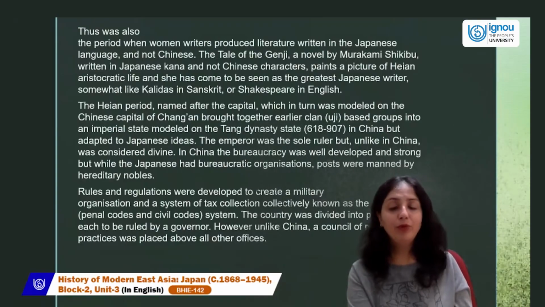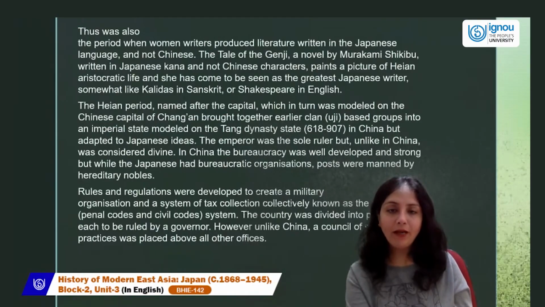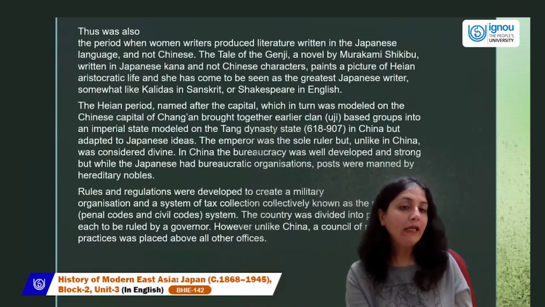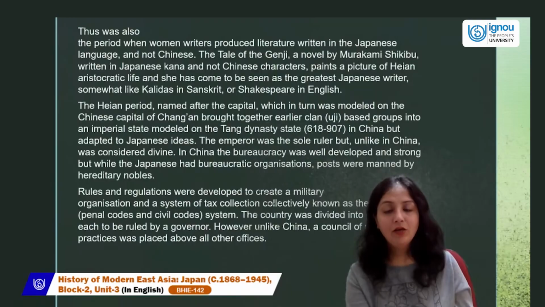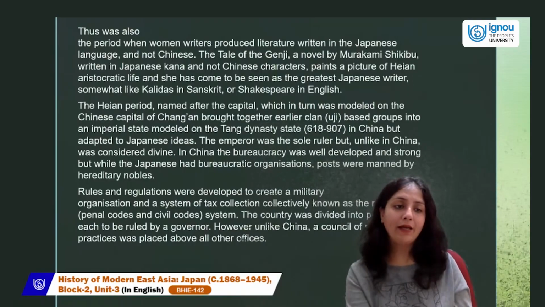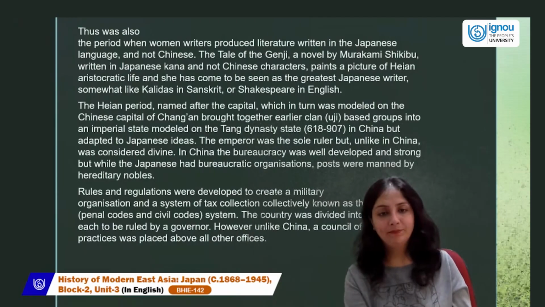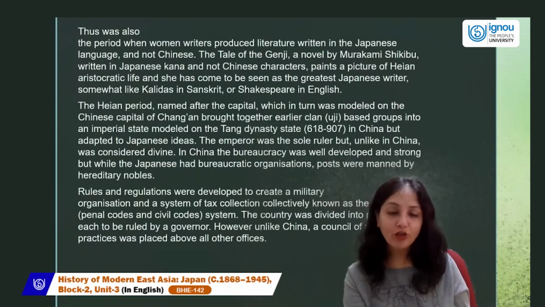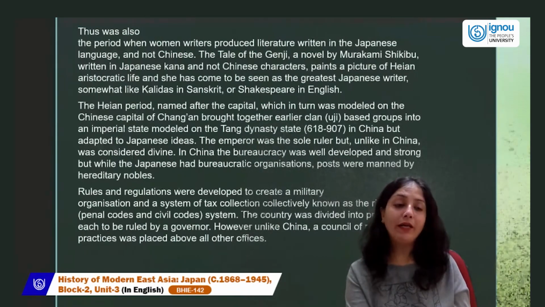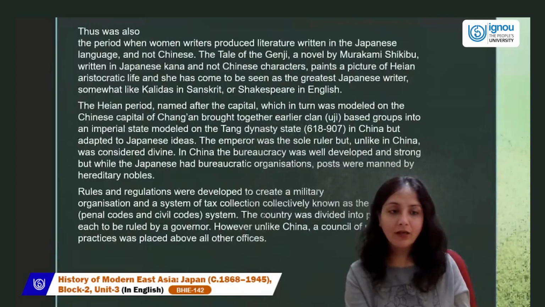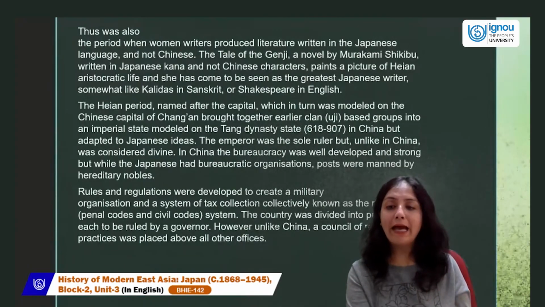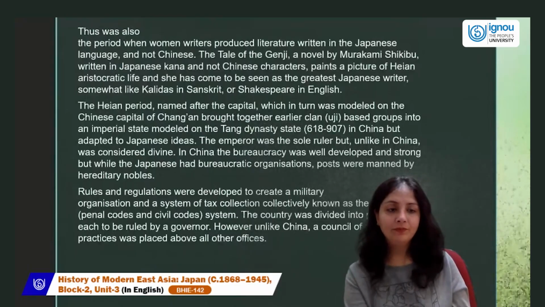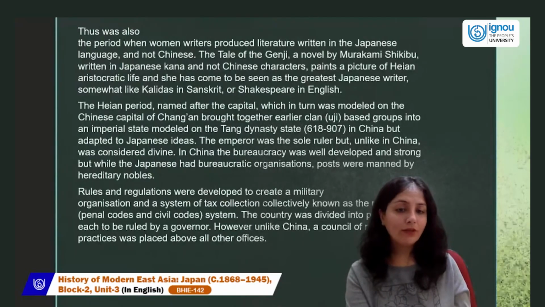In China, the bureaucracy was well developed and strong, but while the Japanese had bureaucratic organizations, posts were held by hereditary nobles. Rules and regulations were developed to create a military organization and a system of tax collection, collectively known as Ritsuryo, with penal and civil codes.